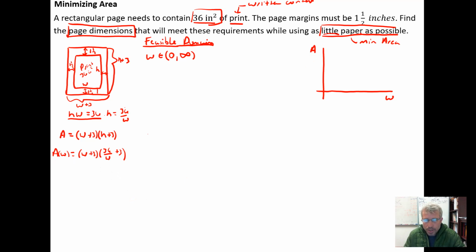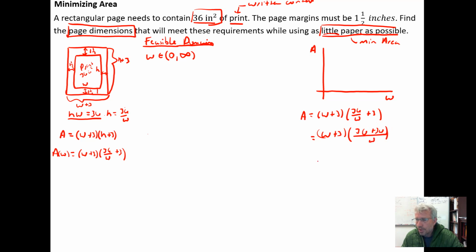And then if I look at this differently for just a second, let's grab our area function. I've got the w plus 3, and this is a 36 over w plus 3. Well, if we get a common denominator for this thing, you'd actually get w plus 3 times 36 plus 3w over w, which is just a rational function.